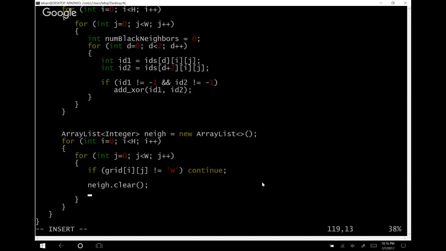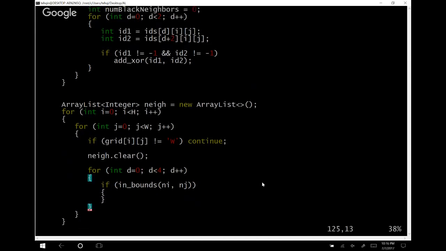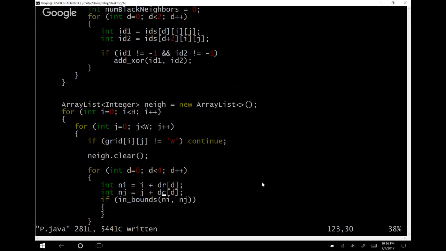Okay, so here's what I do. If I'm a white cell, then I go through all my neighbors.